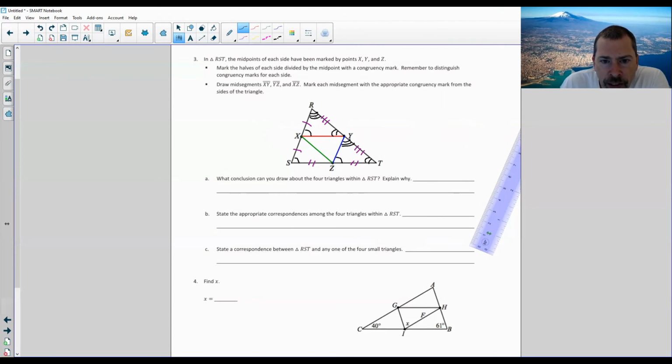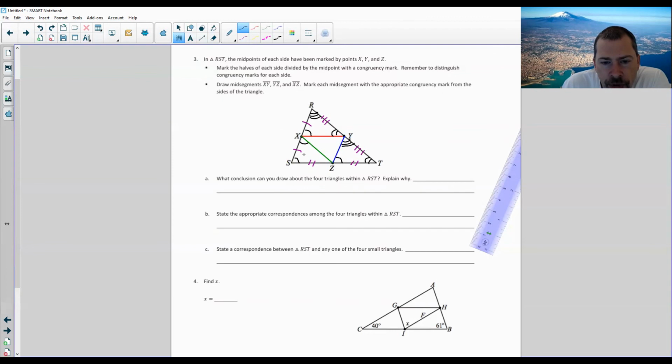This angle here, let's see, we can go another way. If this T is to here, and this is parallel to this, this is parallel to this. So I have that and that. Yes. What else? What else? I'm trying to look through here.